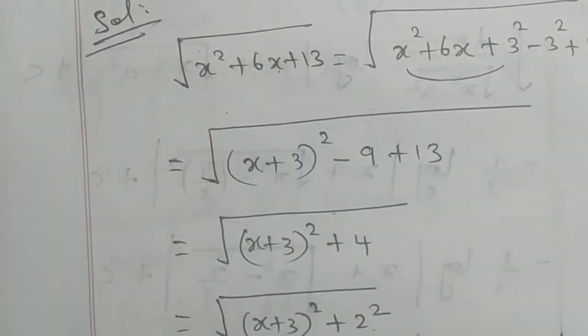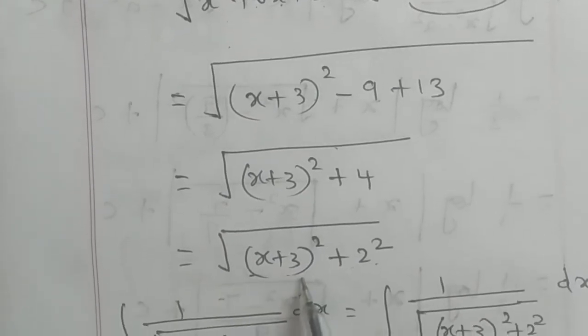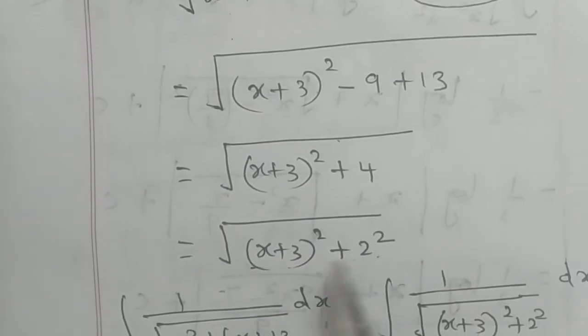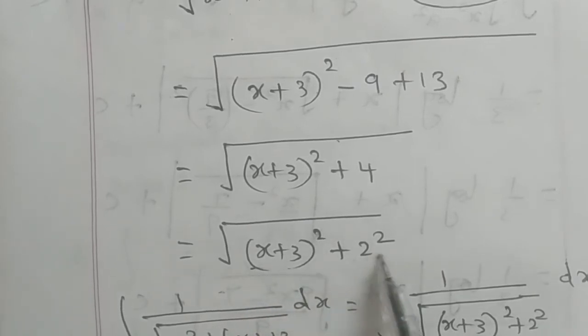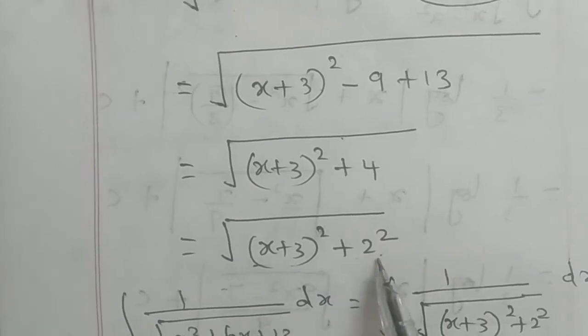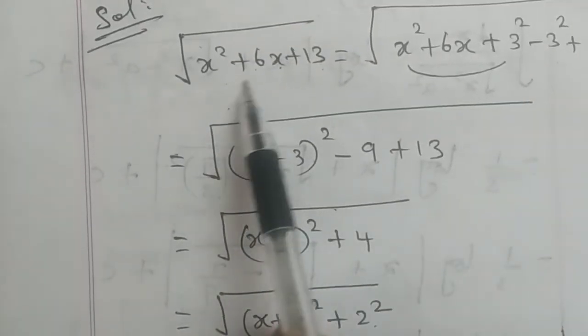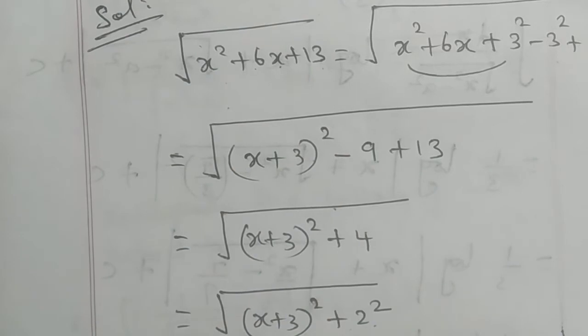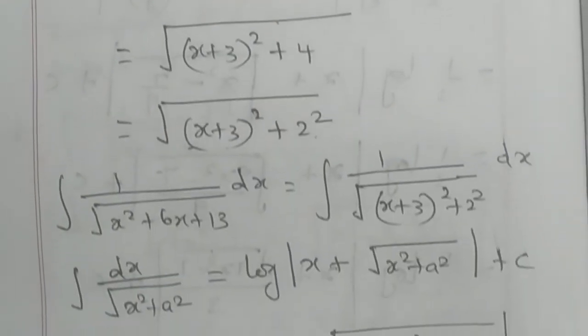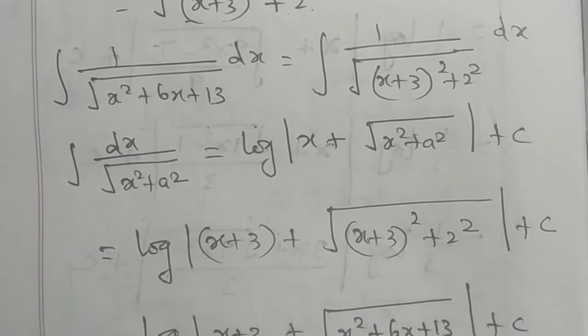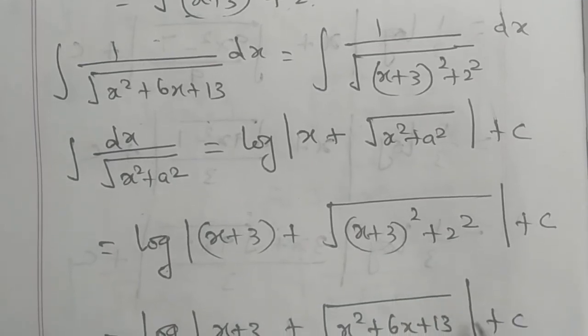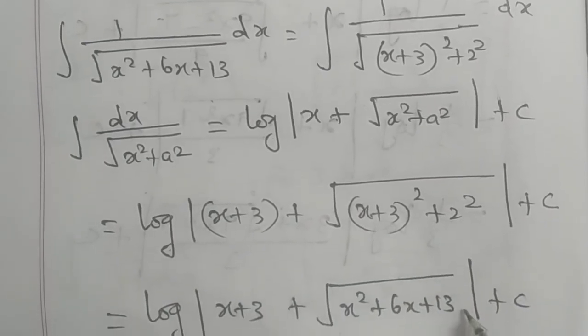We are only simplifying it as x plus 3 the whole square plus 2 square using these formulas. So x plus 3 the whole square plus 2 square is equal to x square plus 6x plus 13. That is why we are substituting here.